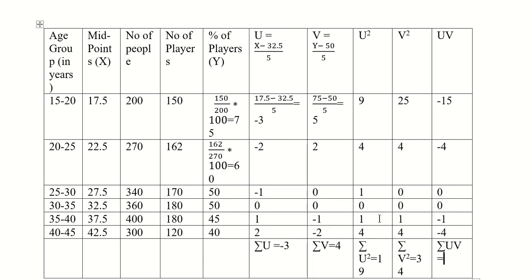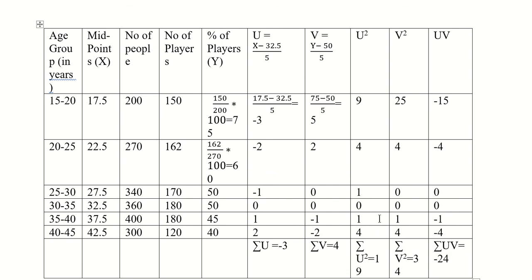So summation of uv is -24. So we have got all the values.